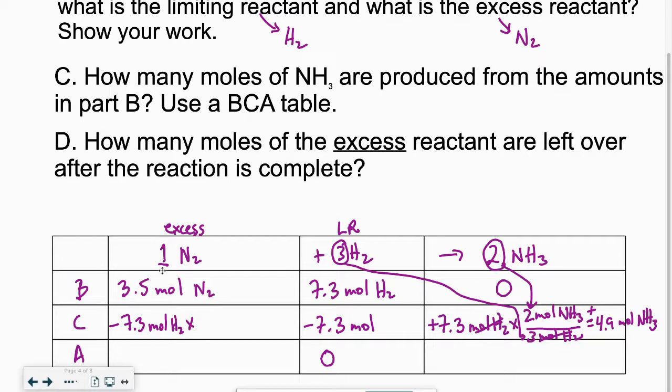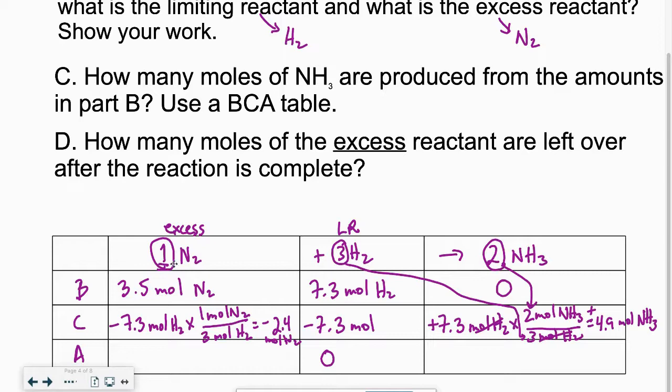Here we know that 1 mole of N2 is reacted with 3 moles of H2. And when we take negative 7.3 divided by 3, we get negative 2.4 moles of N2. Sorry, that's a little cramped.